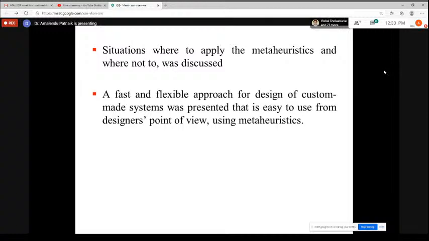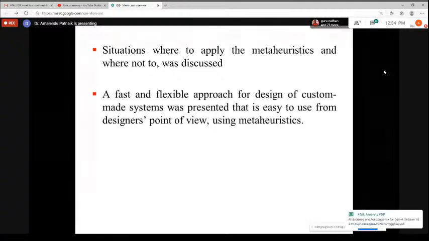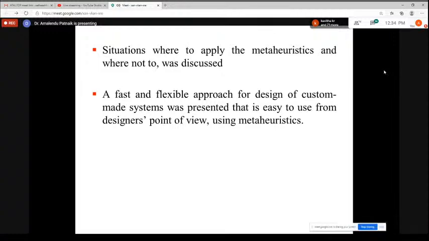We discussed what should be the approach, because we verified that one set of meta-heuristics can solve this classification or function mapping type of problem. Another set of meta-heuristics can solve optimization type of problem.